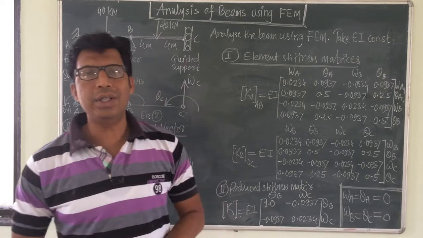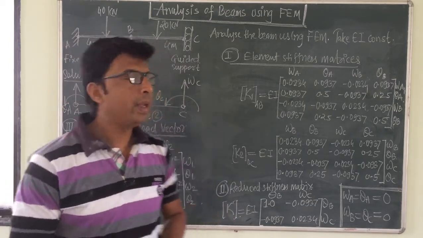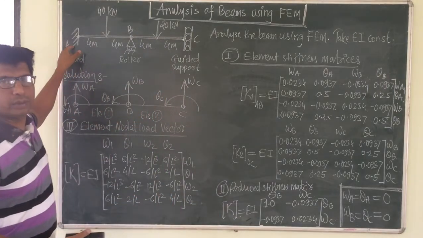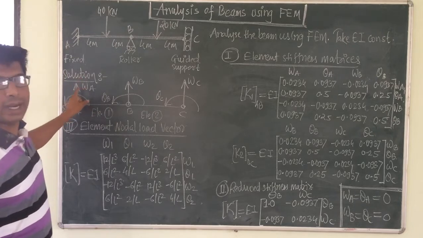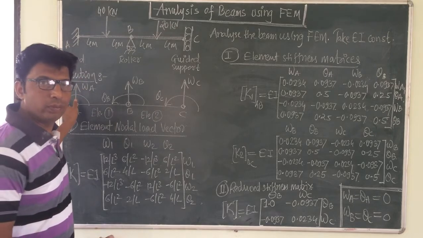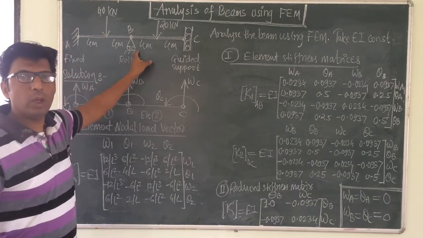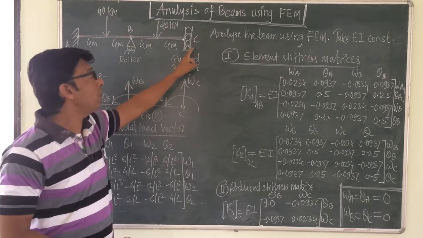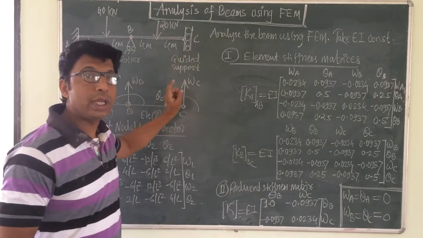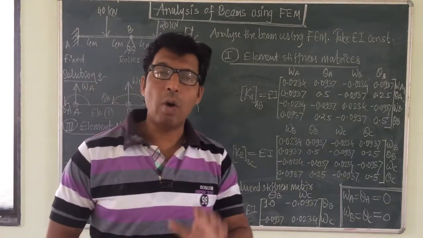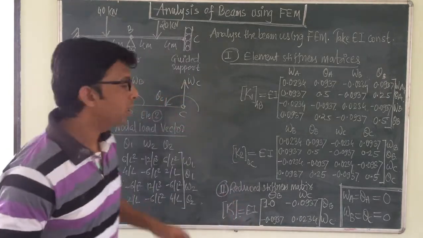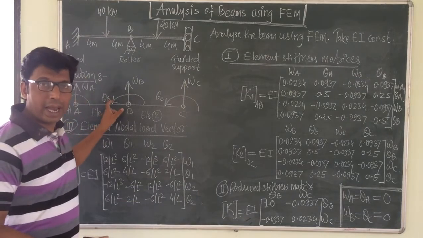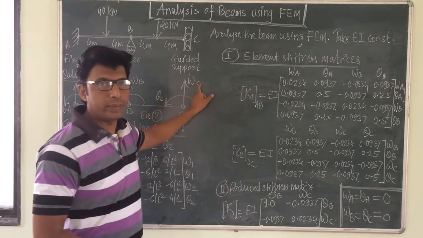So the boundary conditions in this beam are: because of the fixed support, WA and theta A are equal to 0. Because of the roller support, WB is equal to 0. And because of the guided support, theta C is equal to 0. So our final unknowns are theta B and WC.